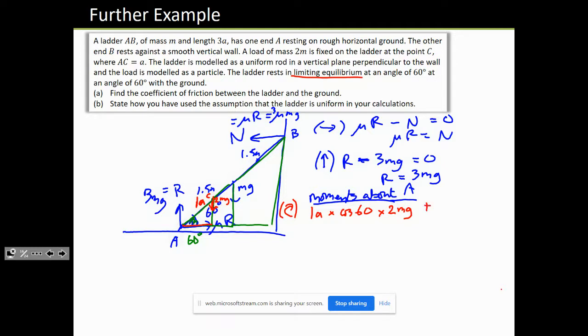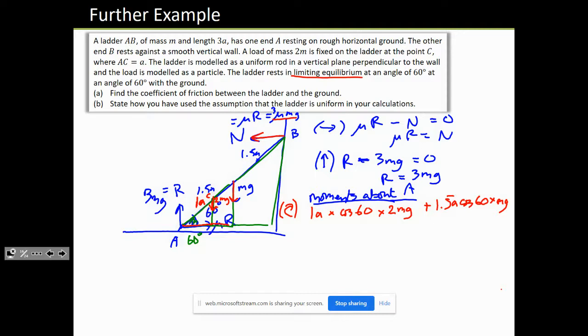Then we have another moment with our mg here. The perpendicular distance there this time is going to be 1.5a times cos 60. And that's going to be multiplied by mg. That's also clockwise. And then we have an anti-clockwise moment here, the force we've already got, which is 3 mu mg in total, the magnitude of that force.